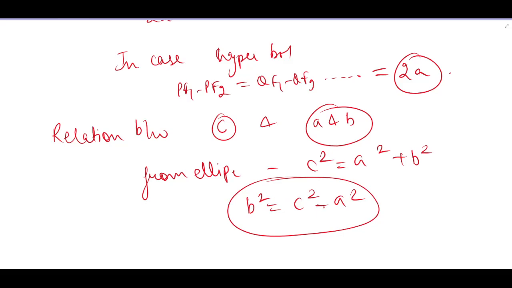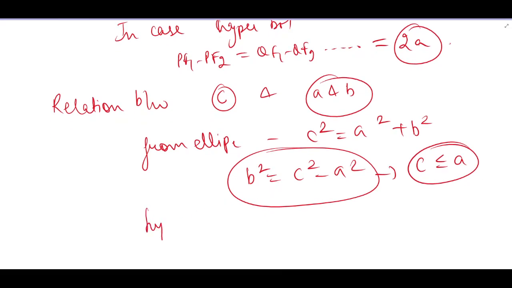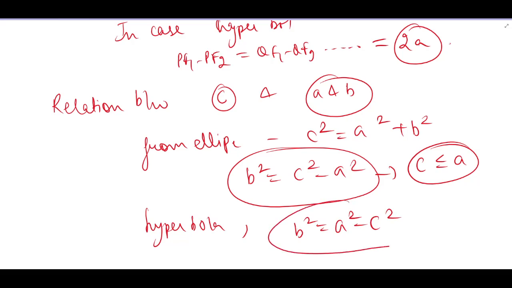So this relation was for ellipse where C is less than or equal to A. But for hyperbola, B square is equal to A square minus C square, because C is greater than or equal to A.